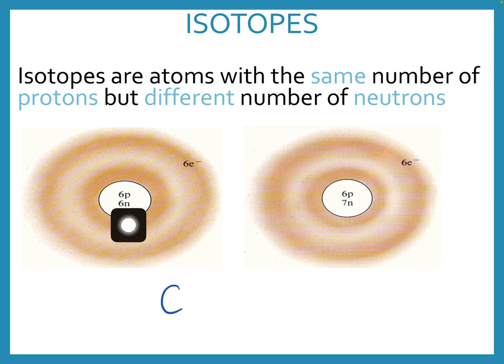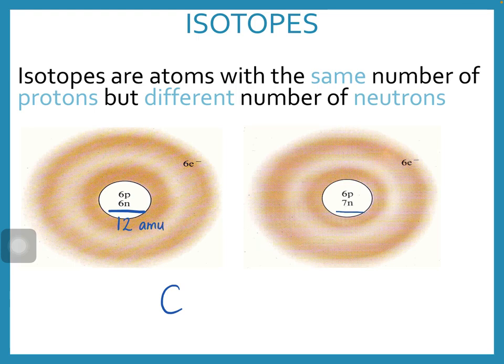This carbon atom has 6 neutrons in it, whereas this has 7. Because protons and neutrons have a mass relative to one another that is the same, and we use 1 to show the mass of each of those, the total mass of this carbon atom is going to be 12 in what we call atomic mass units.